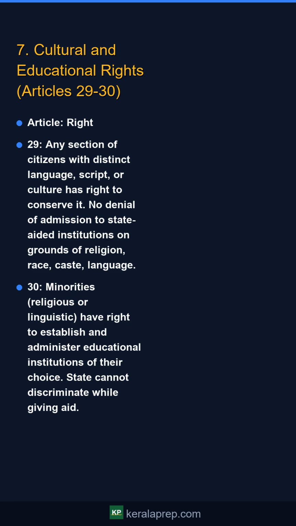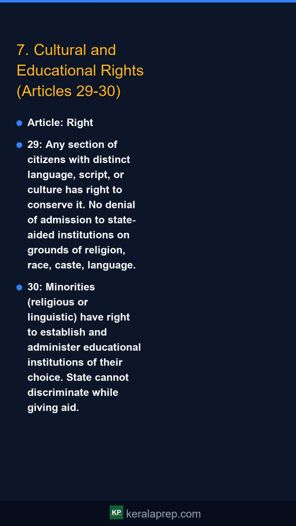No denial of admission to state-aided institutions on grounds of religion, race, caste, language. 30: Minorities, religious or linguistic, have right to establish and administer educational institutions of their choice. State cannot discriminate while giving aid.